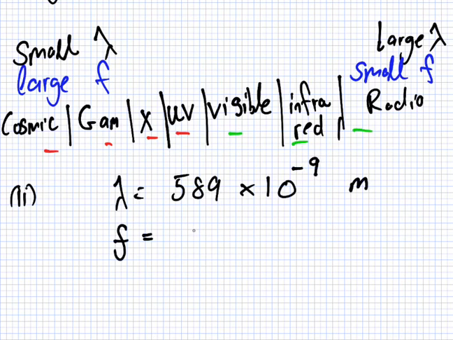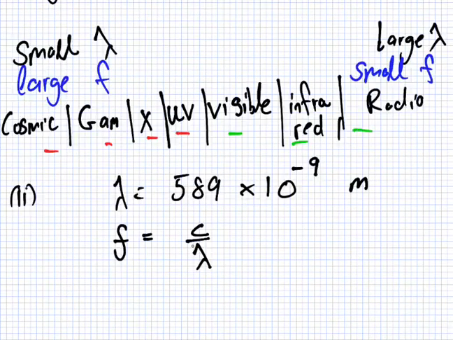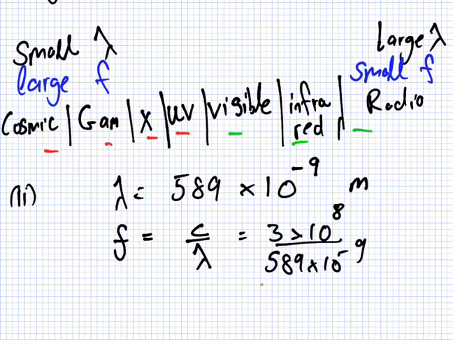Well, that's good. It's just C over lambda, because I gave you the formula earlier. So just type that in: 3 times 10 to the 8, over 589 times 10 to the minus 9.